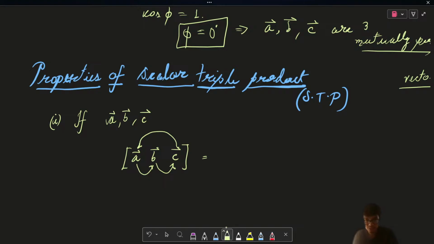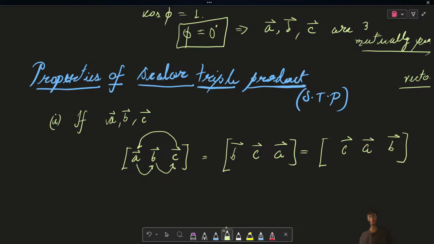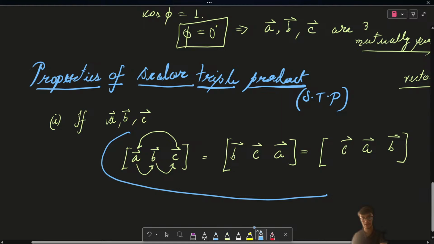It says that the scalar triple product of ABC will be equal to the scalar triple product of BCA, which is also equal to the scalar triple product of CAB. So if I do an even number of interchanges in the position of these vectors, then the result will remain the same. When I do the even number of cyclic permutation, then the result remains the same.